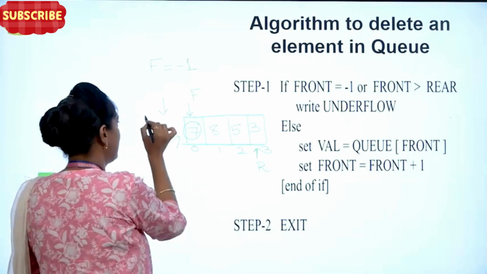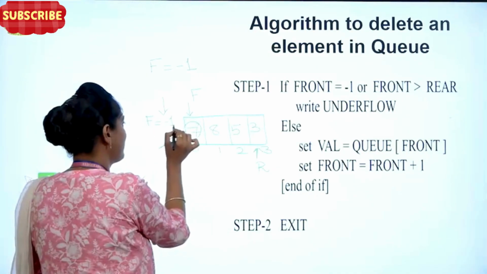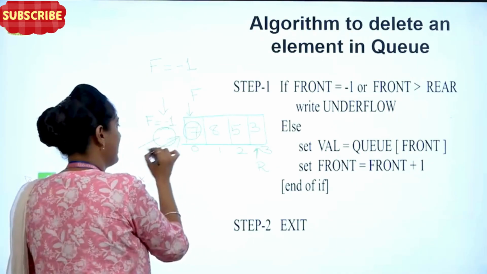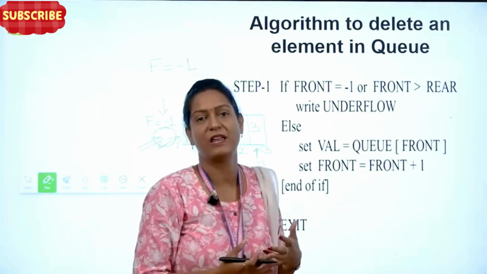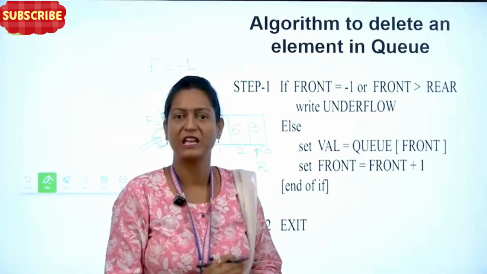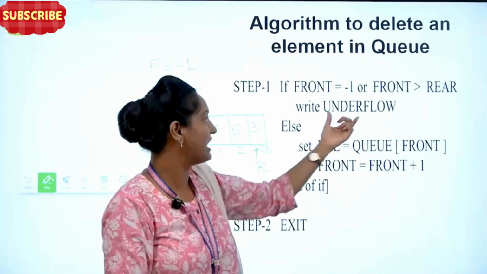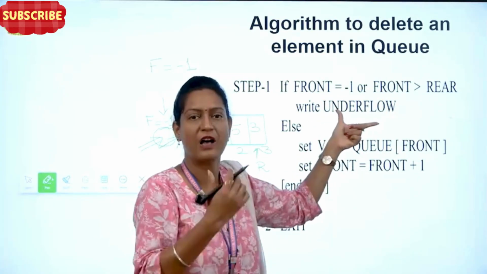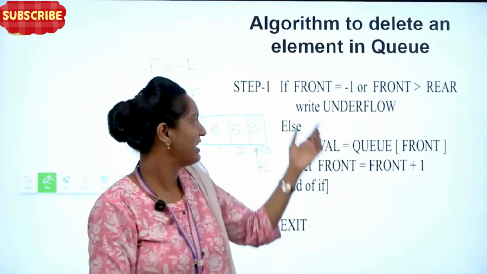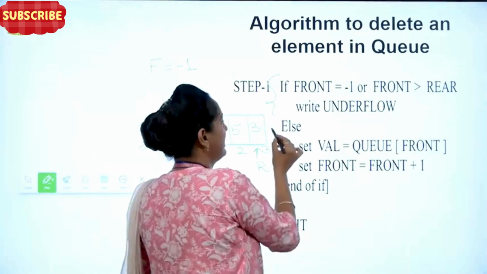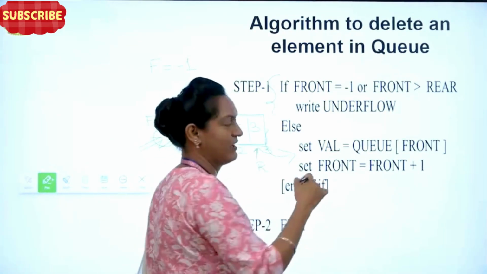If it is somewhere outside, that means there is no element remaining in the queue. That means the message that comes to you is underflow. That means there is no element. If this condition is not true, then we will go to the else part.